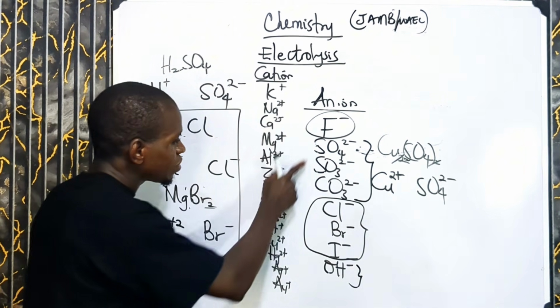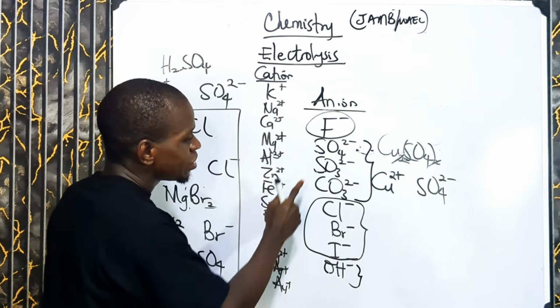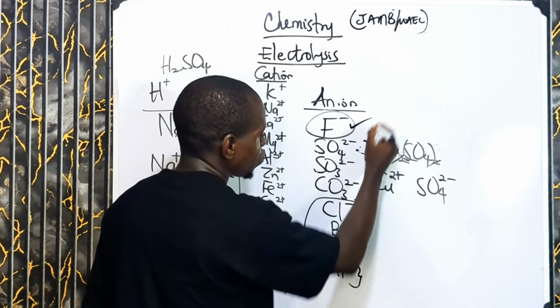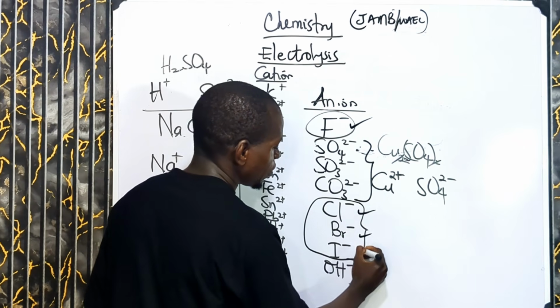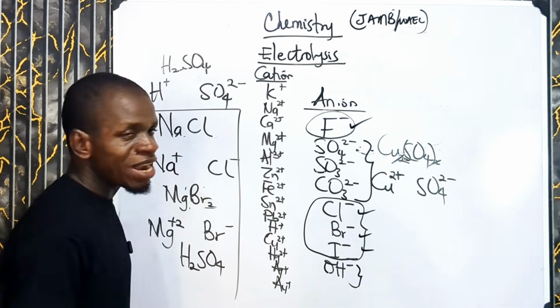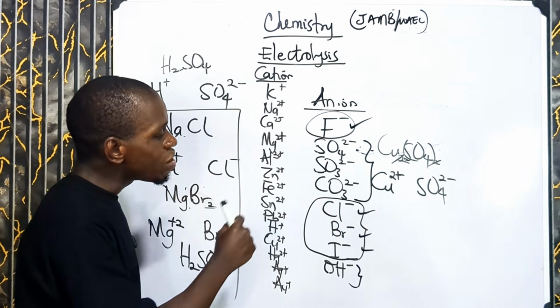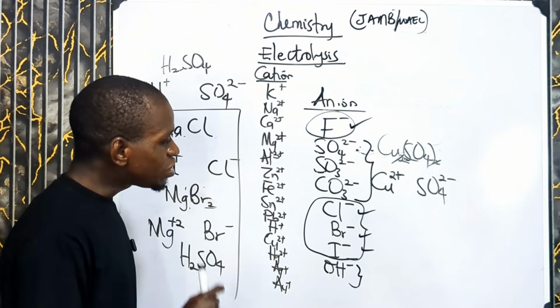If you're able to learn this anion very well, especially the radicals, we don't have problem with the halides. We don't have problem with those ones in the halogen family, which are those ones that I marked now. The only one you're going to have problem with is the radicals. So study this very, very well.